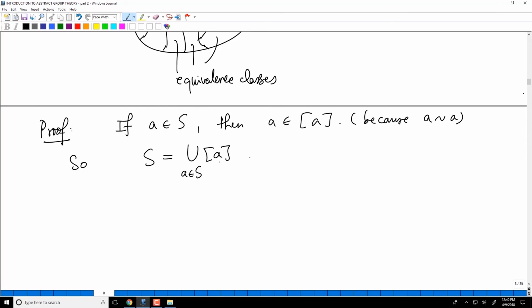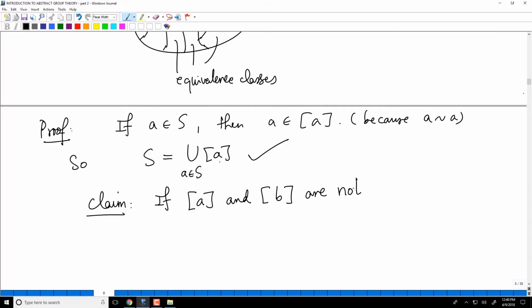So this is fine. Now on the other hand, I claim that if the equivalence class of a and the equivalence class of another element b are not disjoint, then they are equal. Remember, disjoint means they have no common elements.